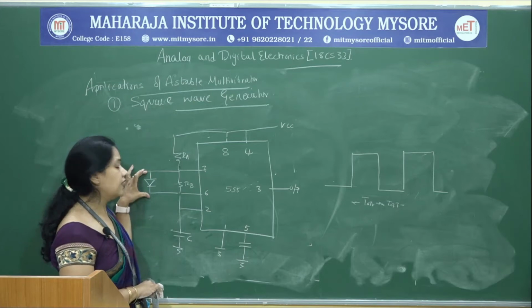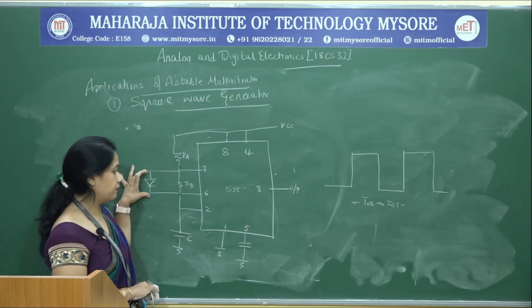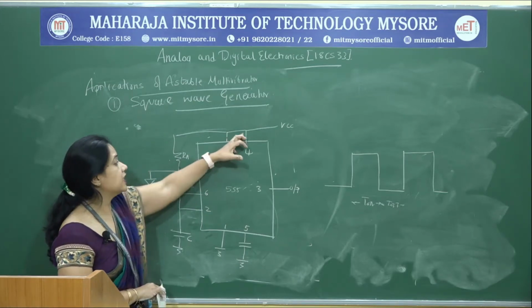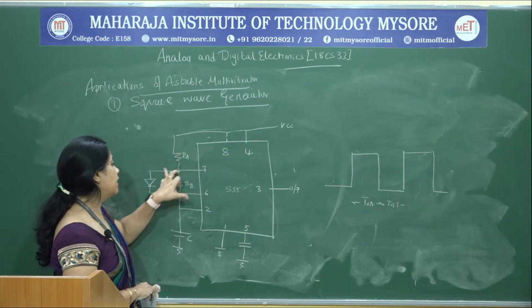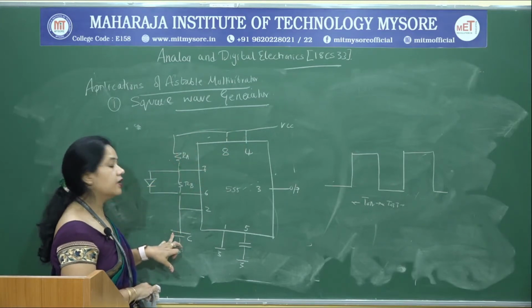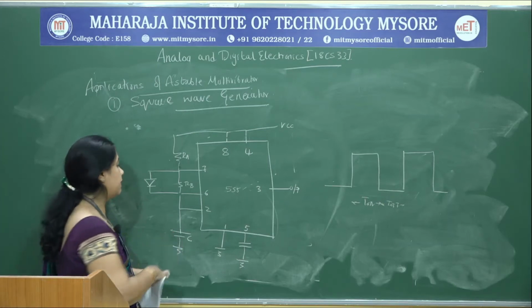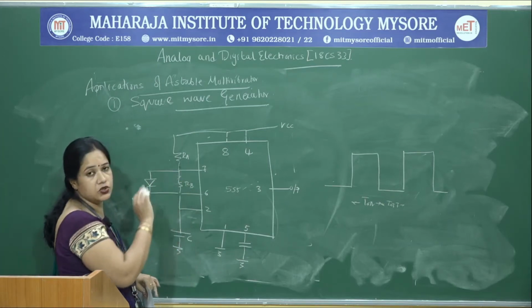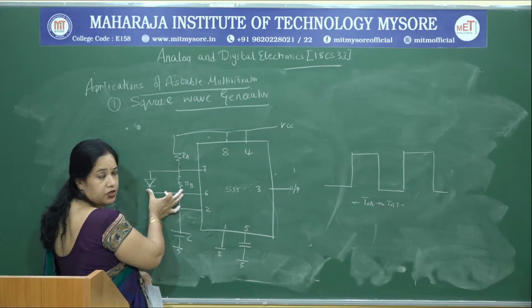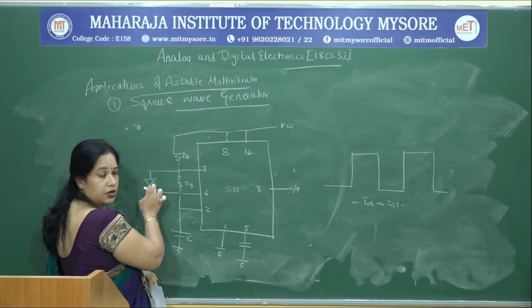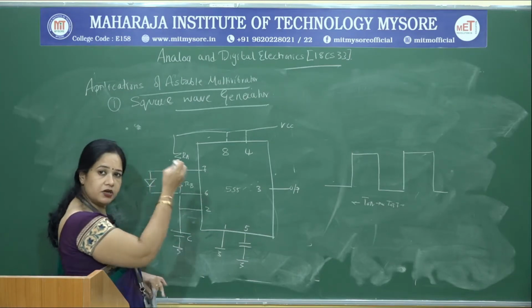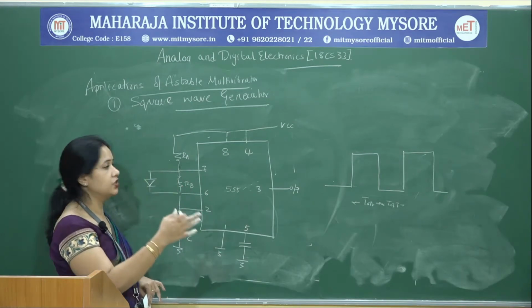Because I have connected a diode in parallel with RB, the capacitor gets charged through RA and the forward bias of your diode, thereby bypassing this resistance. The parallel combination is going to be less than the forward resistance, and the forward resistance of a diode is very negligible.